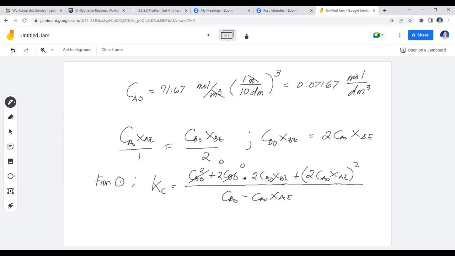So this entire thing will be 0, just like the first term. So your second term will be all 0. So now giving you a more simplified form for our equilibrium constant. So you have 2 CaO XAE. So you can have this squared, you can also have this squared, and this becomes 4.